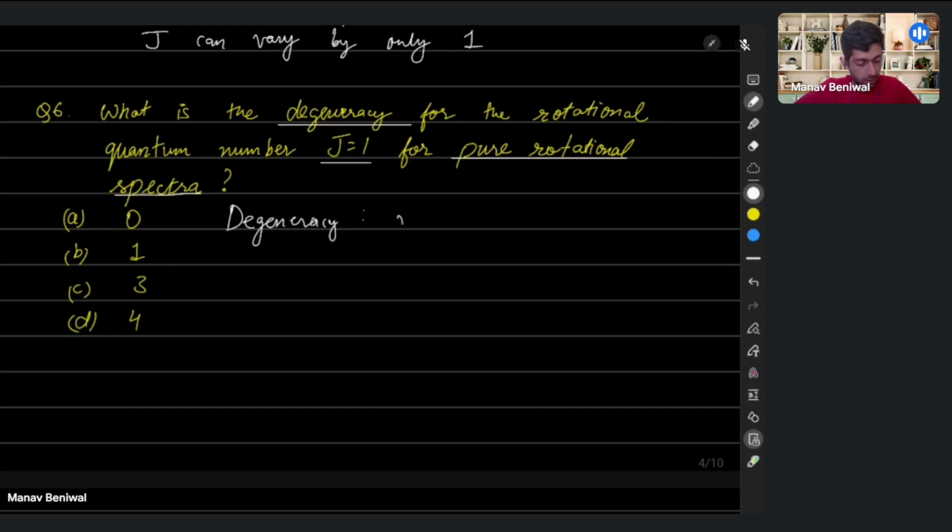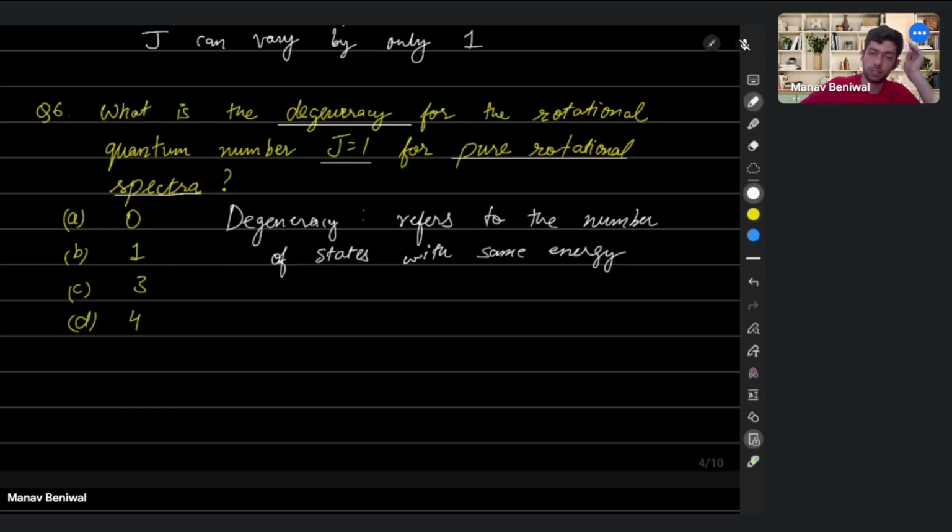It refers to the number of states with the same energy.